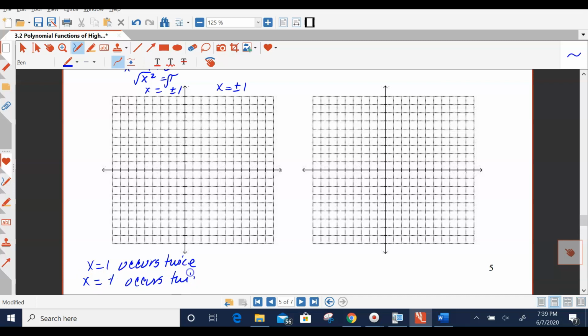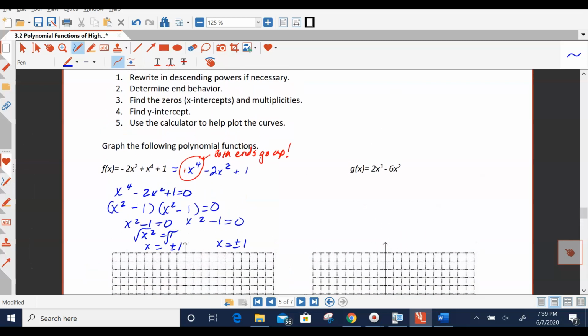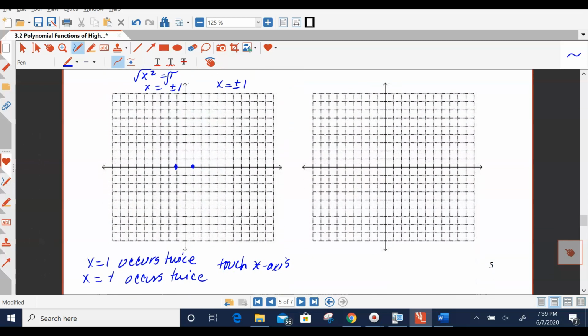So based on the multiplicity, when it occurs an even number of times, the graph is going to touch the x-axis. So I've got a positive 1, I've got a negative 1. The graph is going to touch the x-axis. What else? We can find the y-intercept.